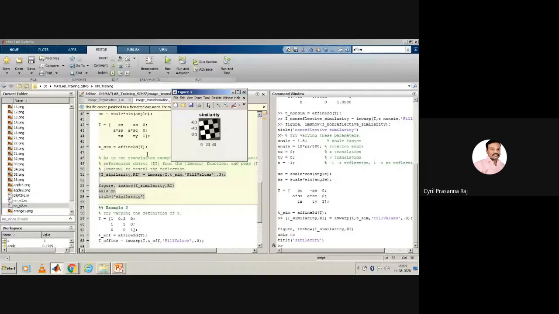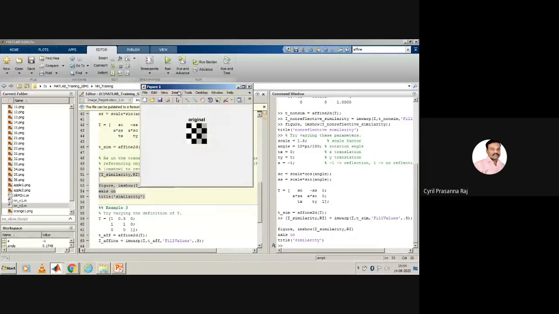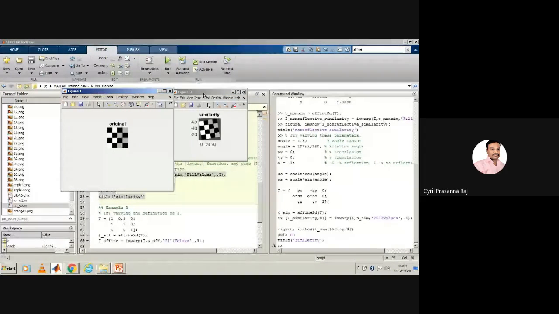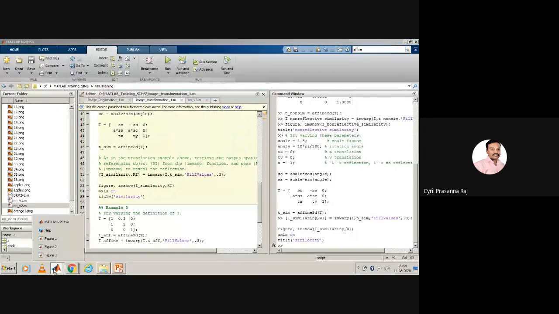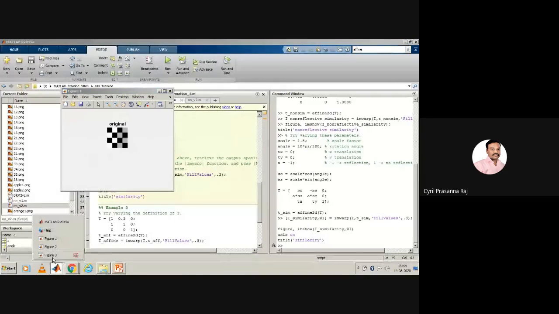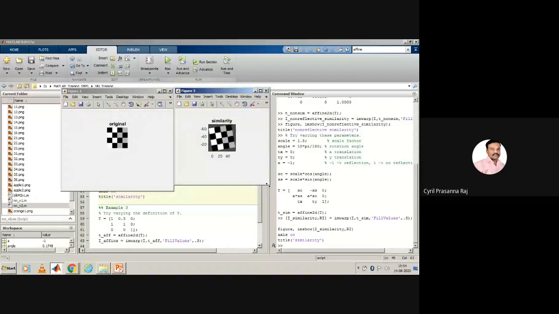So the image has now been rotated by a factor of 10 degrees. See, this is the original image. The original image is being rotated by a factor of 10 degrees in the anti-clockwise direction, because now the reference axis is taken as the x-axis. It just rotated by a factor of 10 degrees.